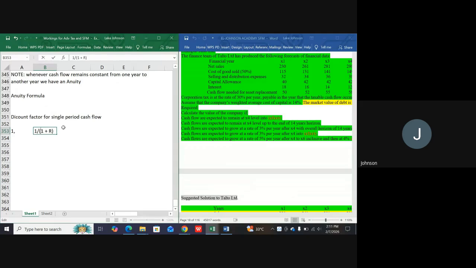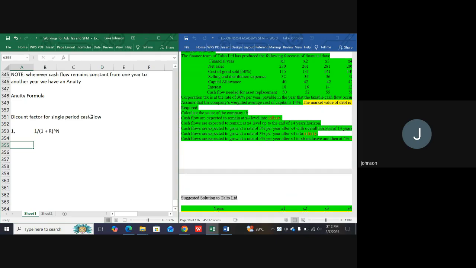So you take this one and raise it to power n. Fine. So this is one method, right? Here we are dividing 1 by 1 plus r raised to power n.